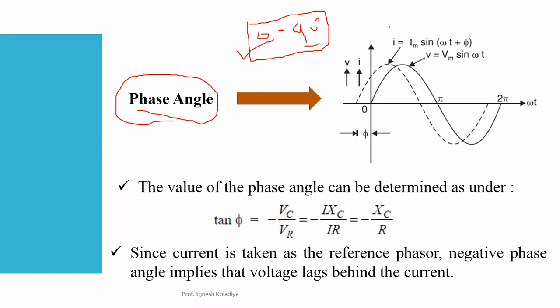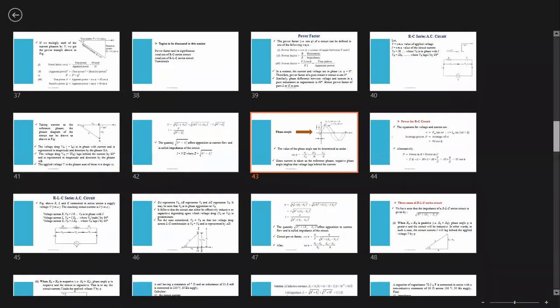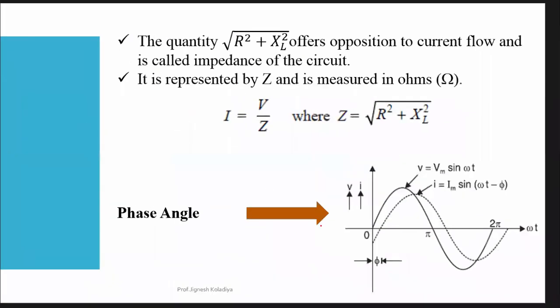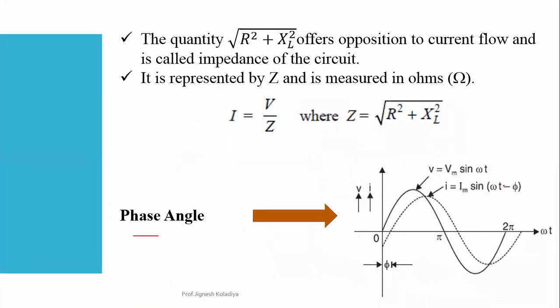But if you look at this equation carefully, specifically in the current equation, here you can find a positive sign. And if you compare this equation with the RL series circuit, there we have a negative sign.